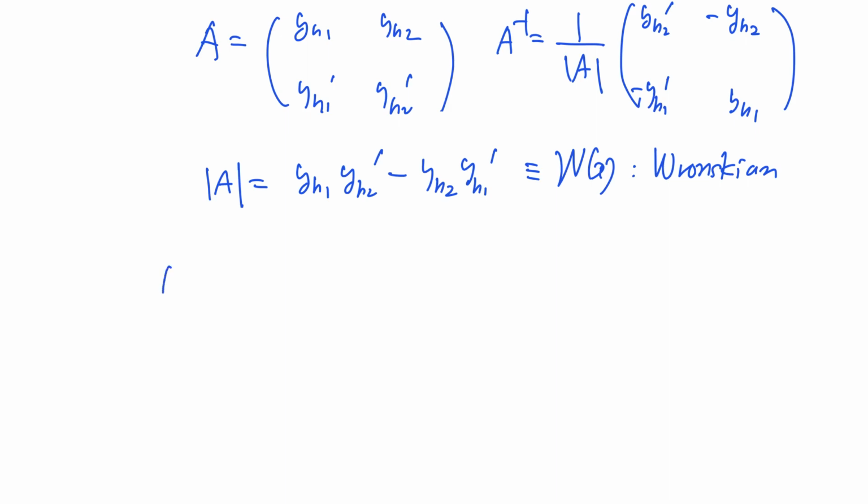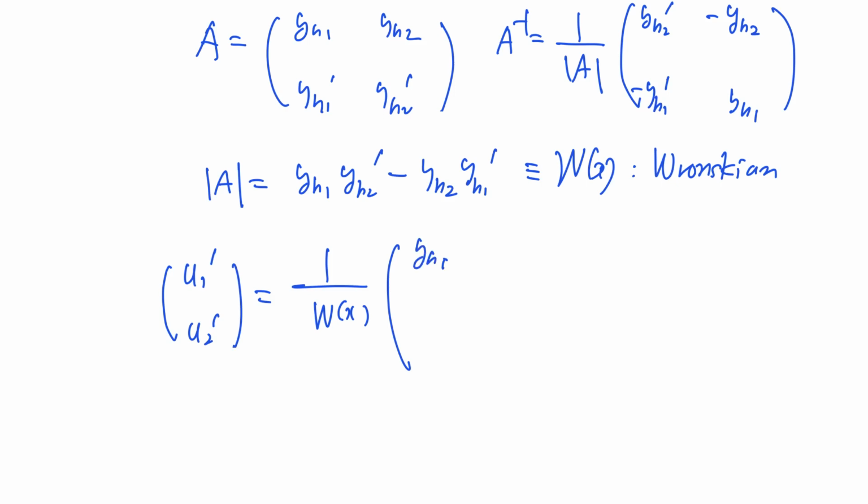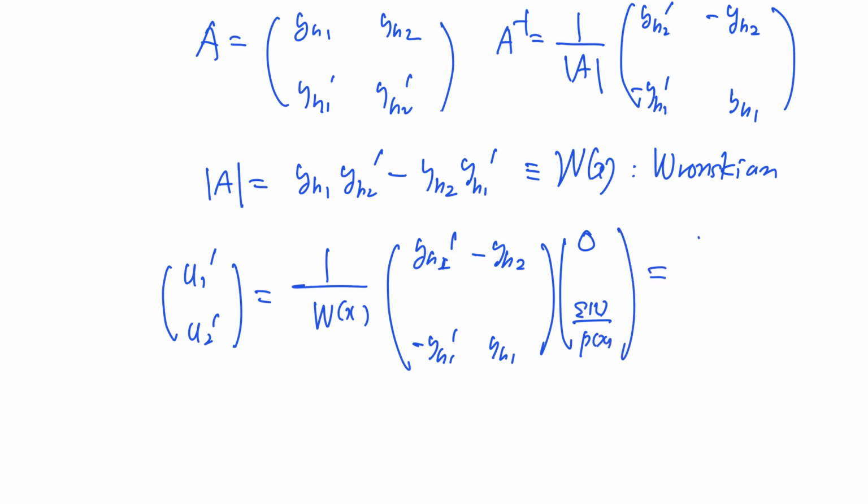Then u1 prime, u2 prime is 1 over the Wronskian times that matrix, times 0, S(x) divided by P(x).